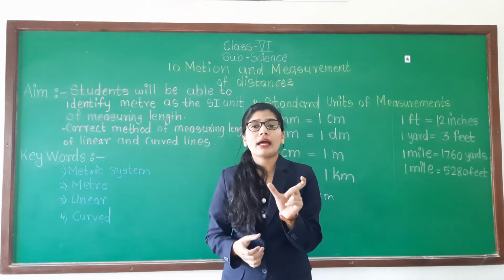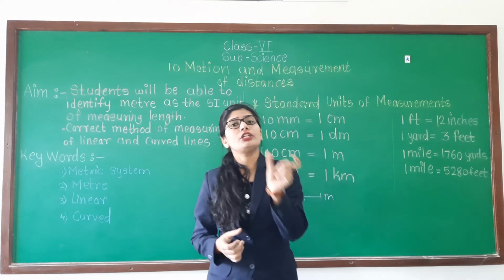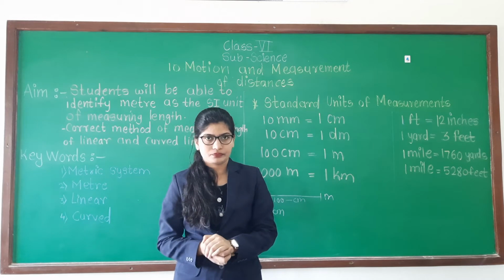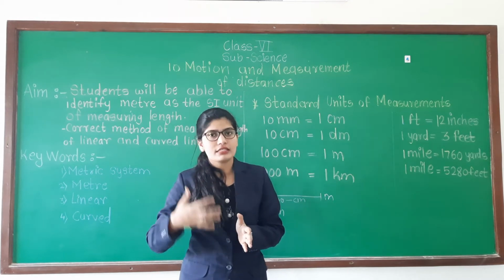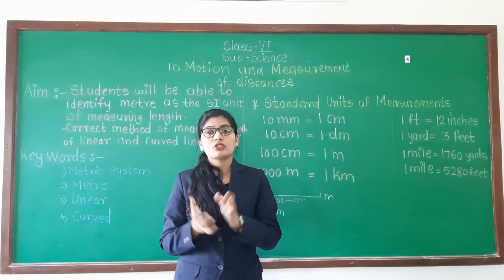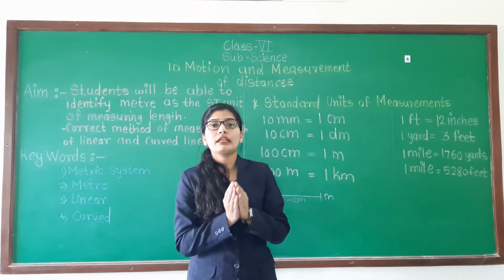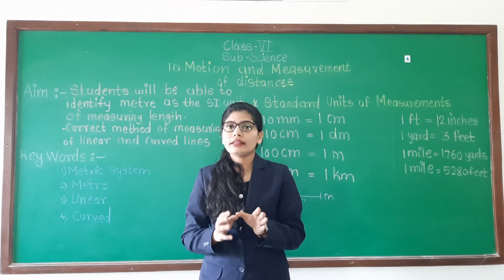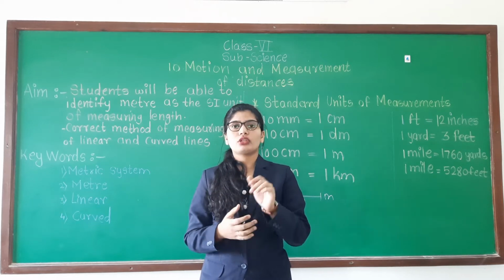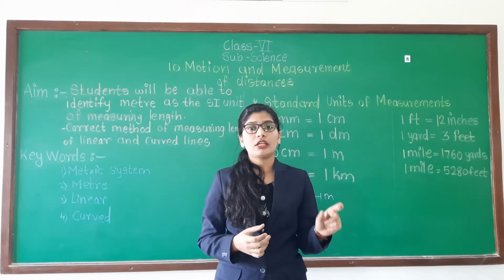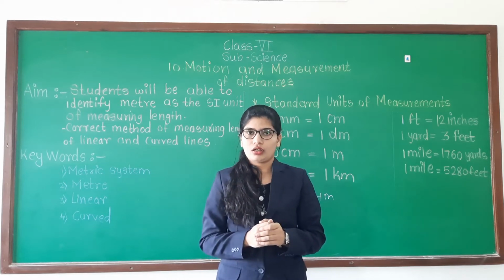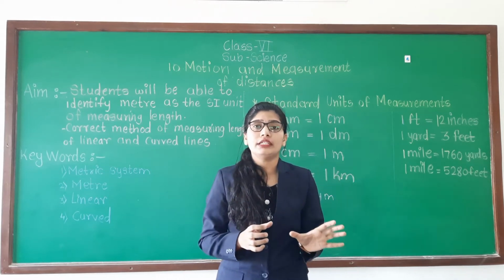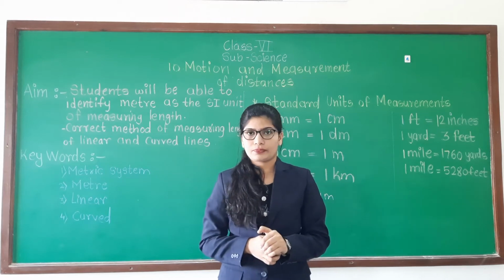So kilogram is a unit of measurement. Solid things we measure in kilograms, and liquid materials we measure in the unit of liter or milliliter. So these are some standard units.